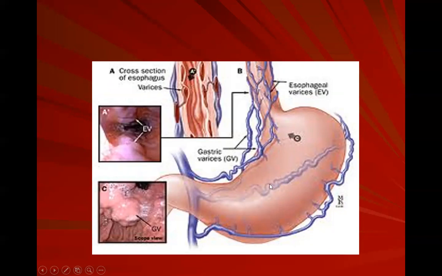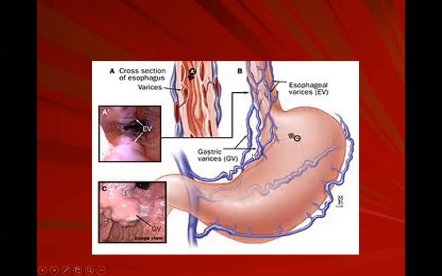You can see the engorged vessel posterior to the stomach, which is the splenic vein. As a result, it would affect the short gastric vessels of the cardia and the esophagus. And the greater curvature would also be affected, and this vein is called the gastroepiploic vein.